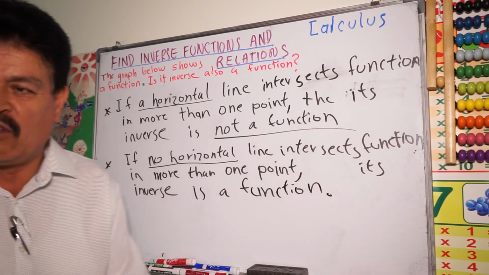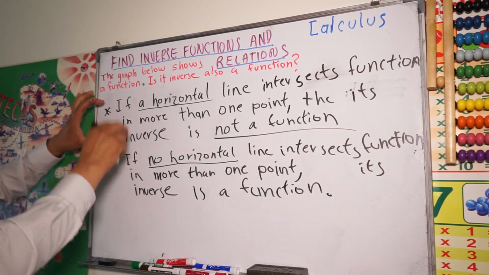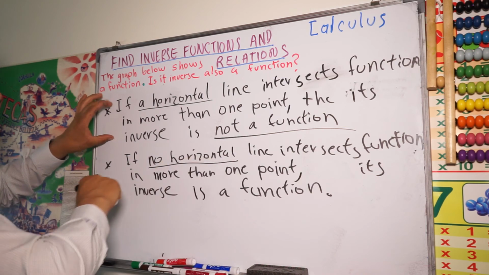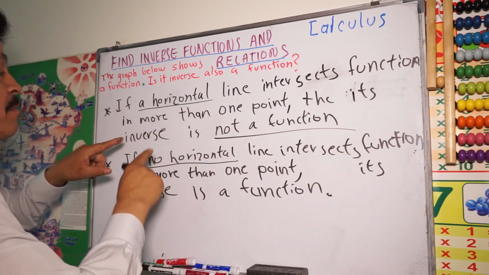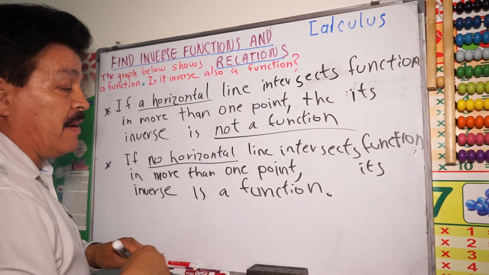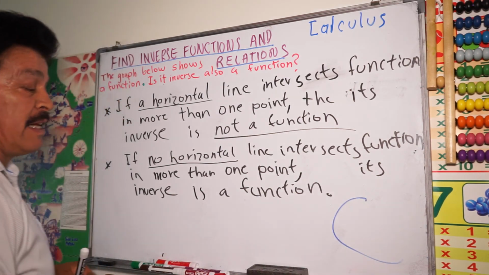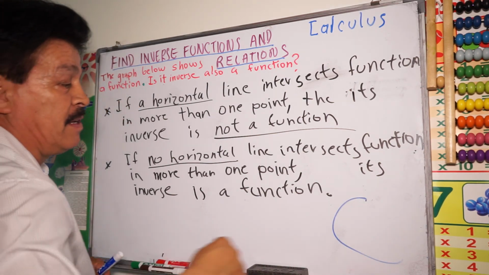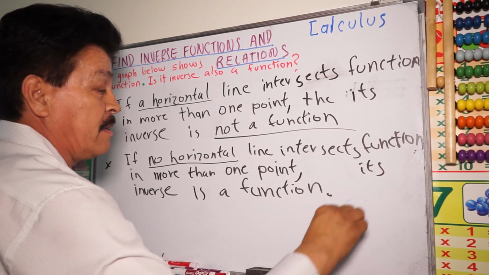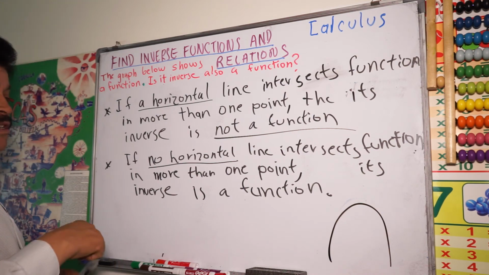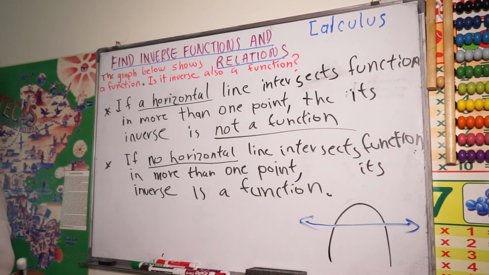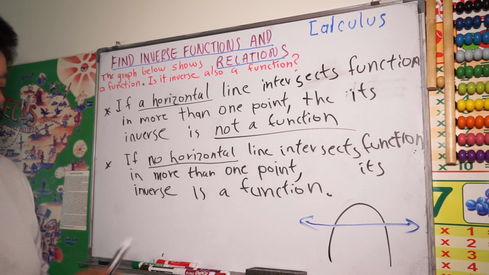What I mean is that it's almost the same, right? Like the graph I showed you before, if the horizontal line intersects the function in more than 1 point, then the inverse is not a function. Remember, when you have the graph like this and you drop the horizontal line, the inverse is not a function.